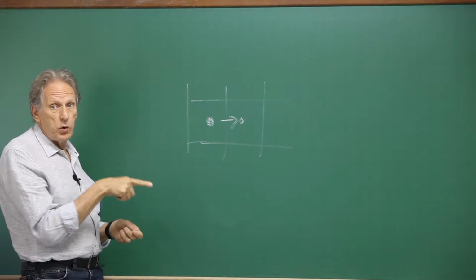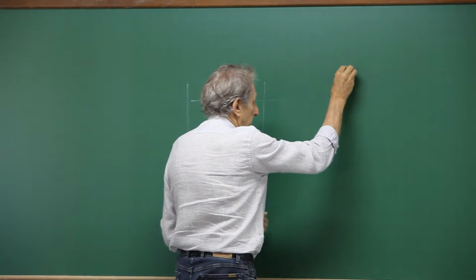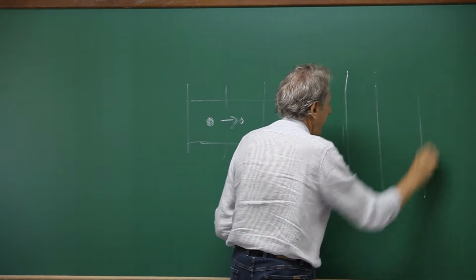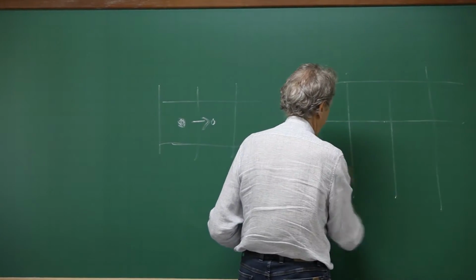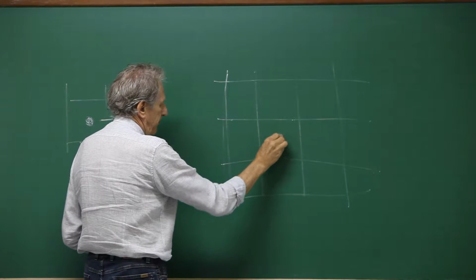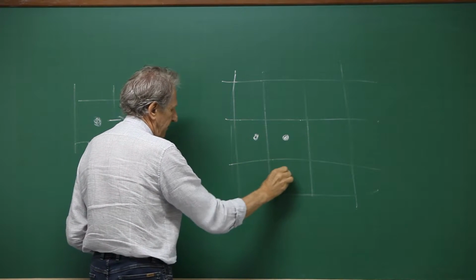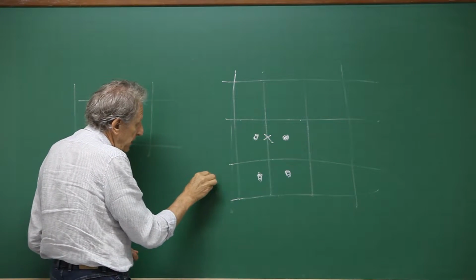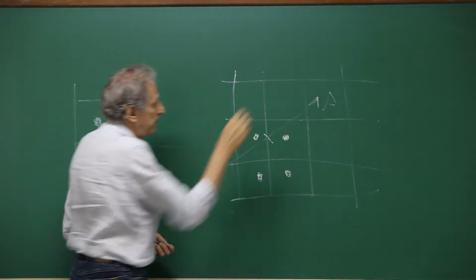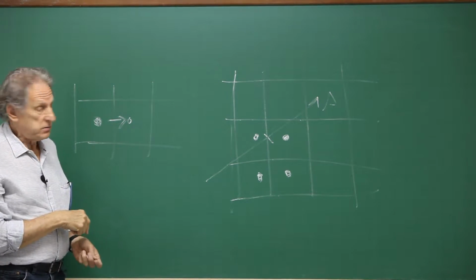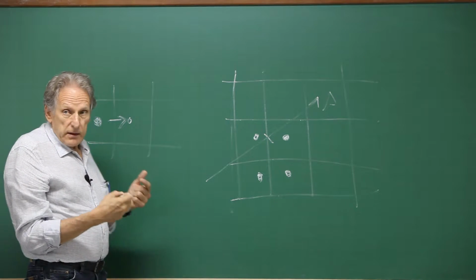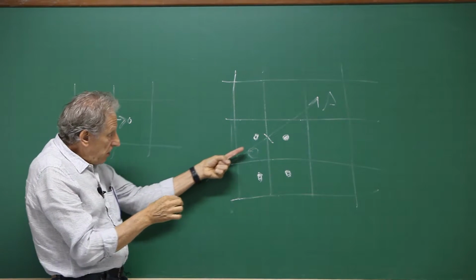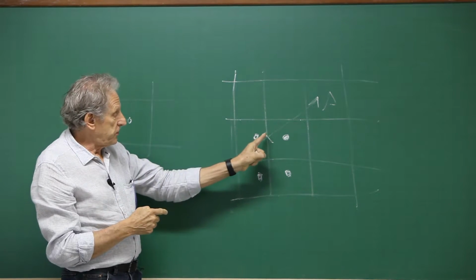But if you go for 2D, imagine you have the integration point here, and imagine you have such a flow direction. The donor cell is some point around here which offers and gives the information for the integration point.